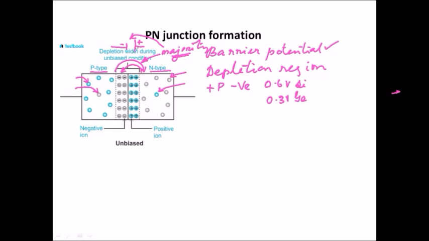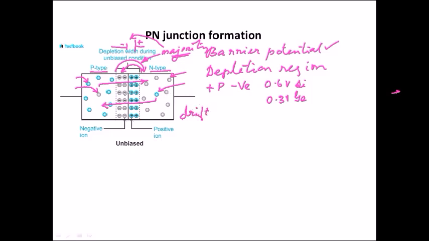And that field will cause the minority carriers, which are electrons in the P region, to move from the P region to the N region, and the minority carriers, which are holes available in the N region, to move from the N region to the P region, and this is called drift.